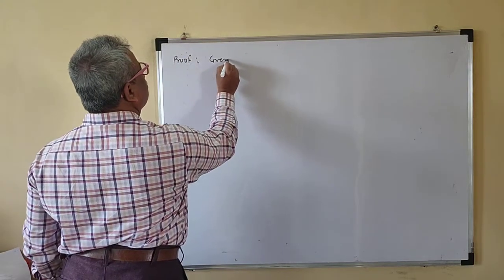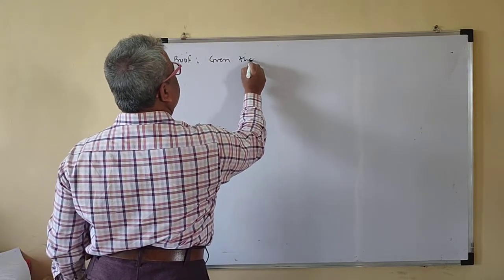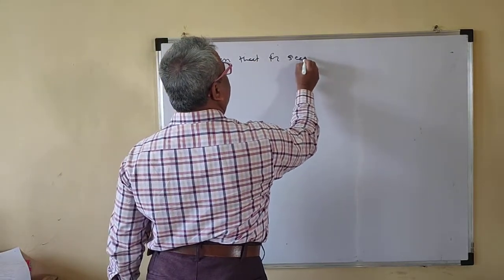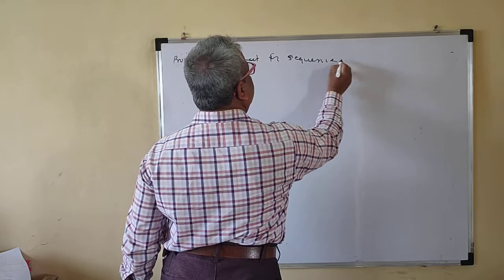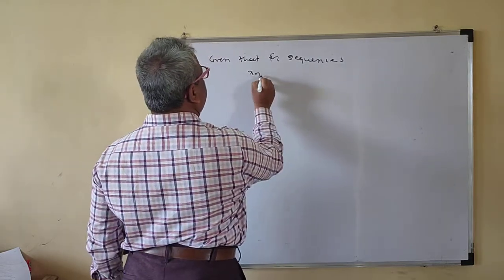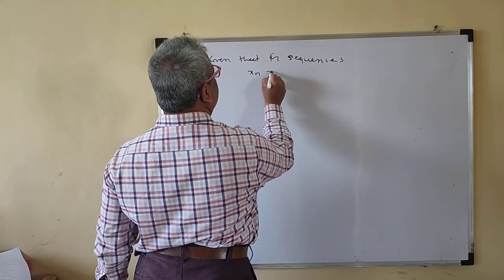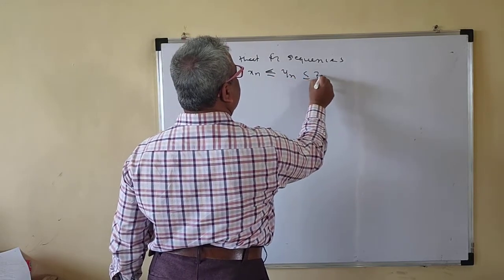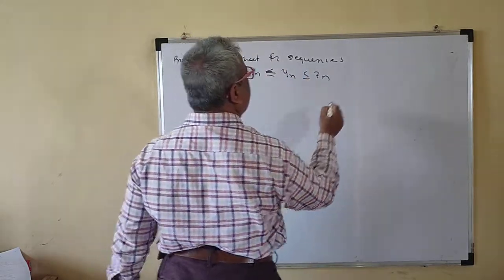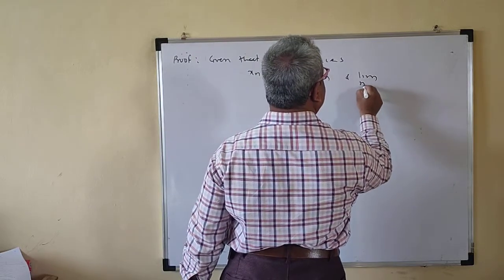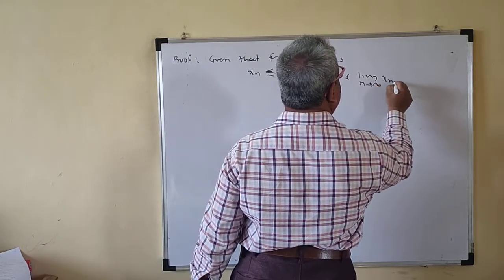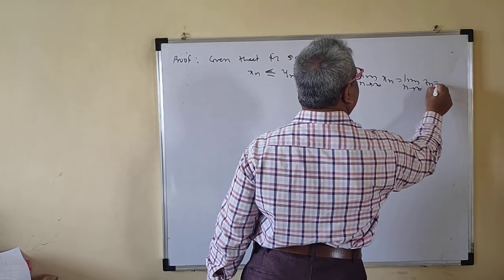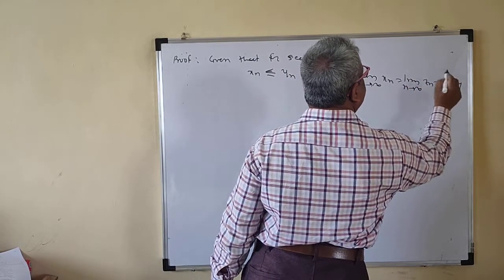Given that for sequences, xn is less than or equal to yn is less than or equal to zn, and the limit as n tends to infinity of xn is equal to the limit of zn is equal to l, we'll say this is l.